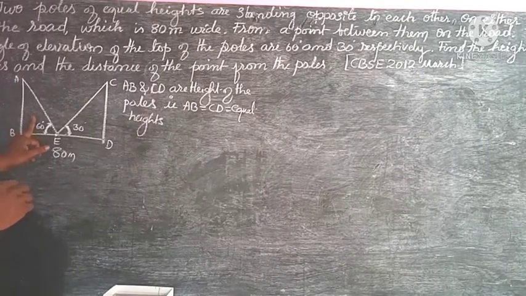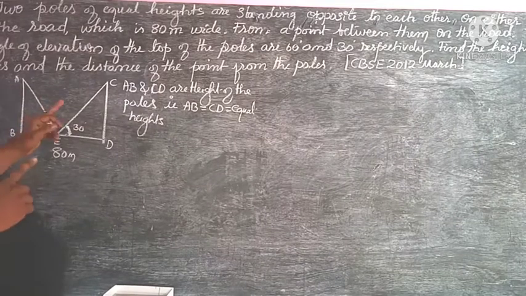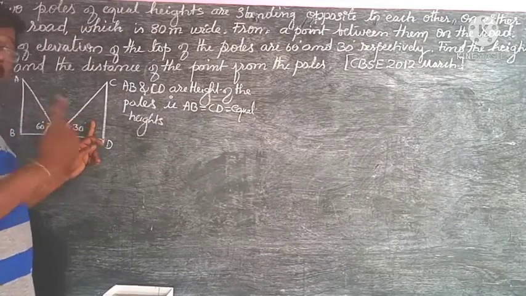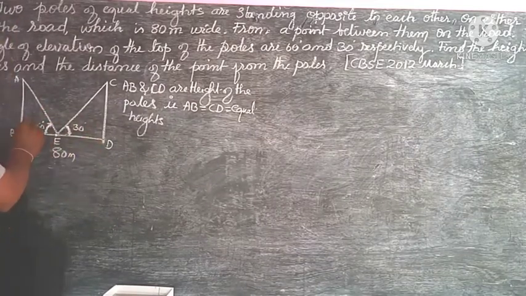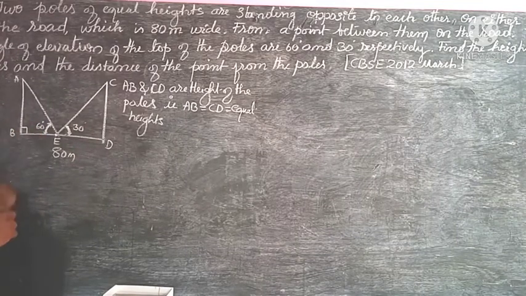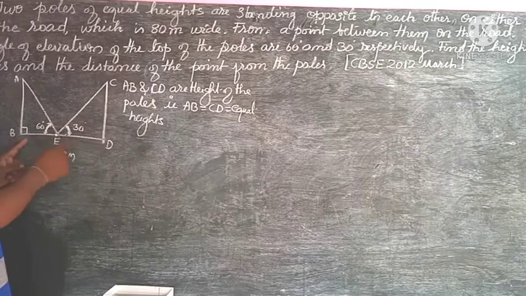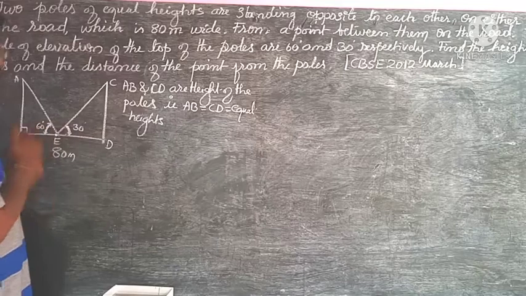The first angle of elevation, 60 degrees, makes one right angle triangle, and 30 degrees makes another right angle triangle. For 60 degrees, we choose the right angle triangle ABE, but we don't know the lengths of BE and DE.